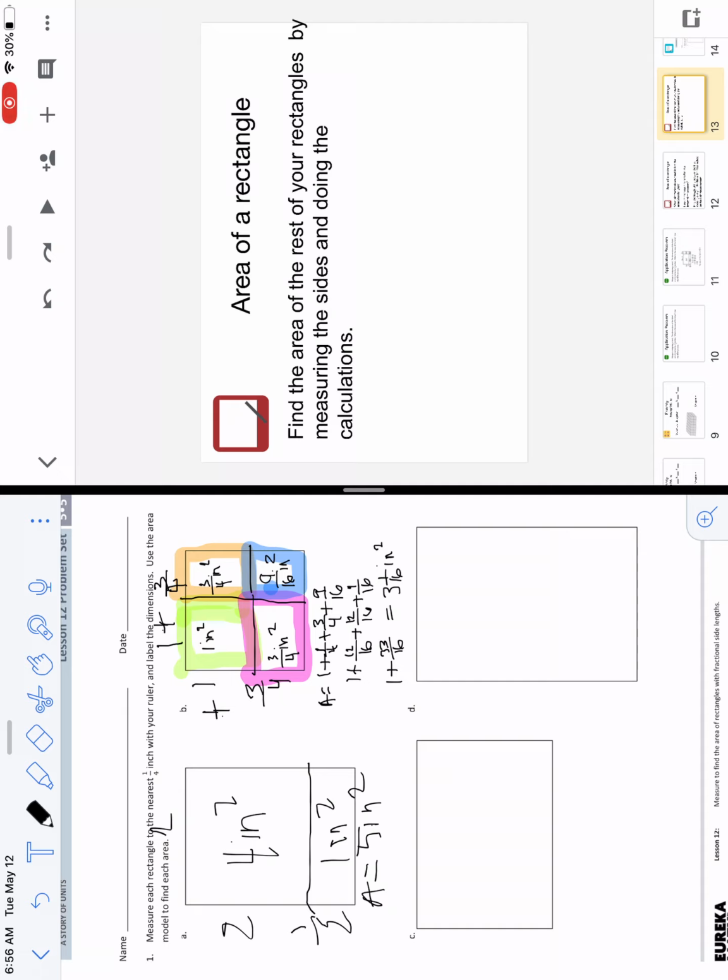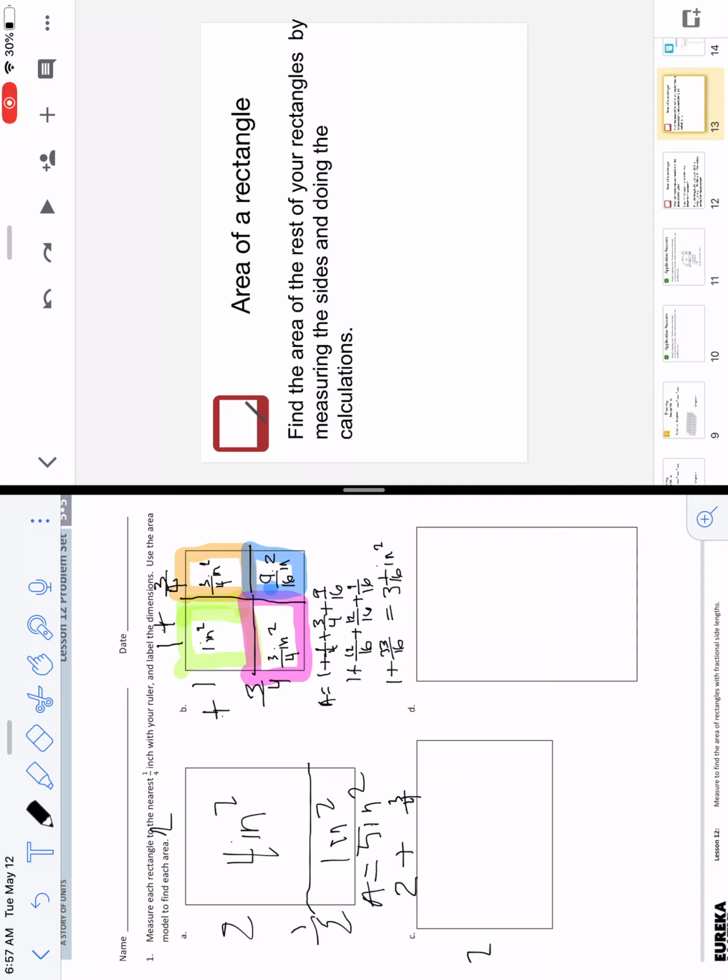Next, we have C and D. So I am going to give you the measurements of C and D for those of you who don't have an accurate ruler. So we have, this is 2 plus 3/4, so 2 3/4, and 2 inches.